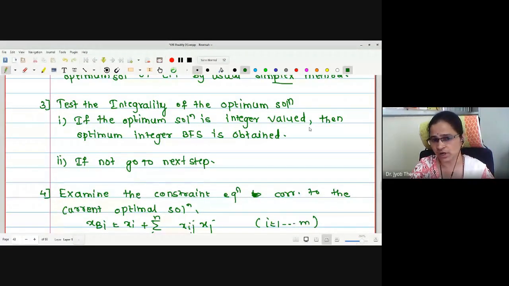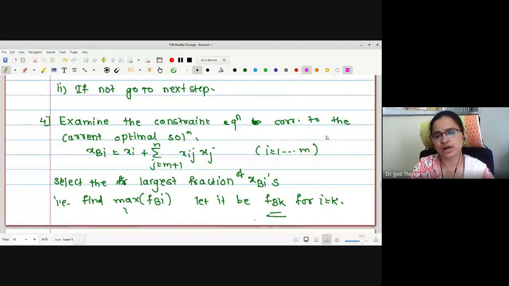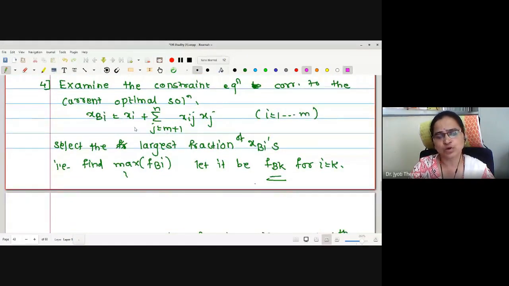If the solution is all integer, then the optimum integer BFS is obtained, and here the process stops. And if not, you have to go to the next step. In the next step, you should write the constraint equation. Suppose there are many variables having fractional values, then select the variable with the largest fraction.